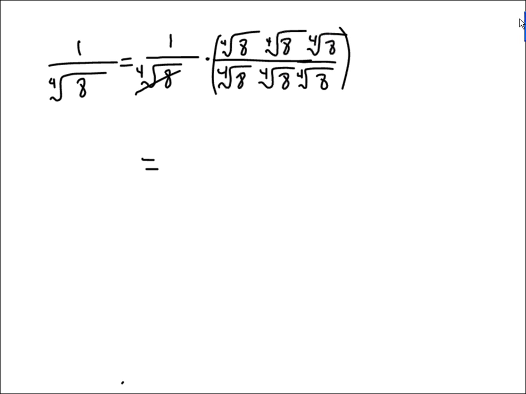Now, the 4th root of 8 times the 4th root of 8 times the 4th root of 8 times the 4th root of 8. Multiply the 4th root of 8 by itself 4 times. Gives me 8.